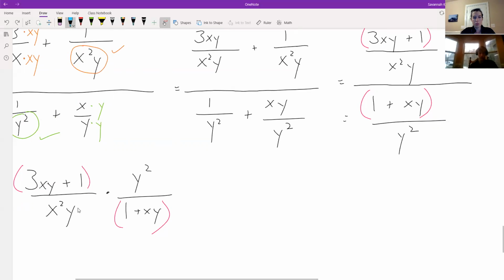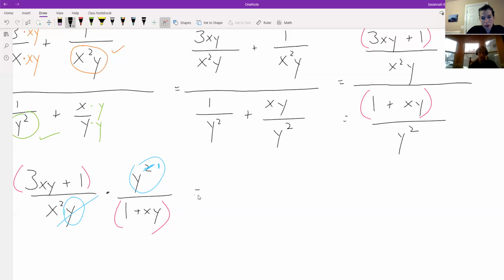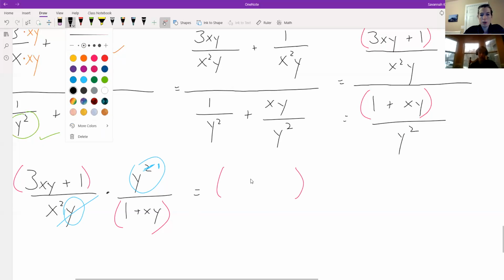Okay, so I need to cancel what I can. Can't touch these addition problems, but it looks like I've got a y to the first and a y to the second. I can cancel y to the first here and one of the two y's up top. It's always hard to express this clearly without also making a mess. Let me keep my color coding going so I change as little as possible.